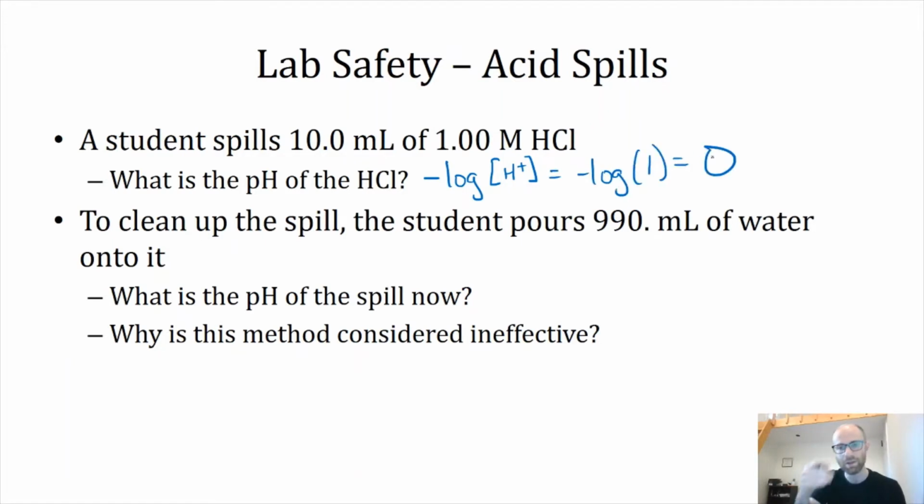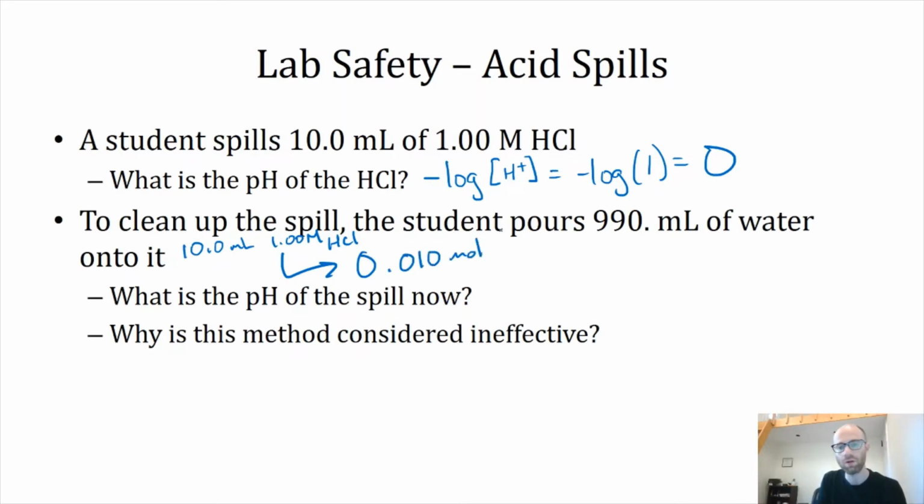To clean up the spill, if the student were to pour water onto it, this would cause what we call a dilution to take place, where now our total volume is 1 liter. So we have a 10 milliliter sample of 1 molar. This is, if you do some quick math, 0.010 moles.